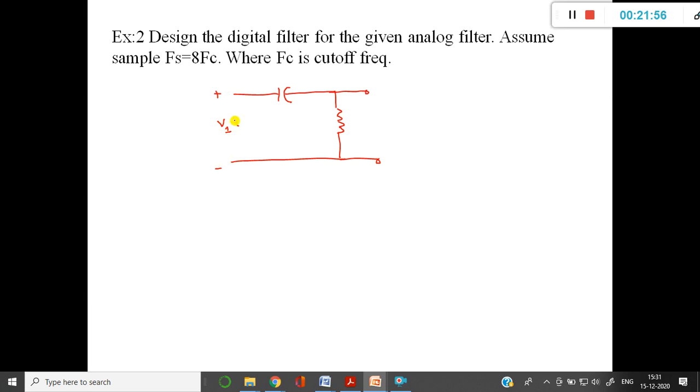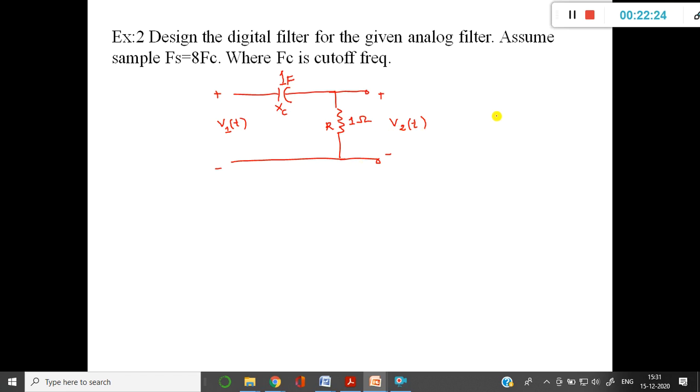So this is V1 of t, and this is my output V2 of t, with a 1 farad capacitor and 1 ohm resistance value. So this is R, this is XC, right? Now design the digital filter for this.